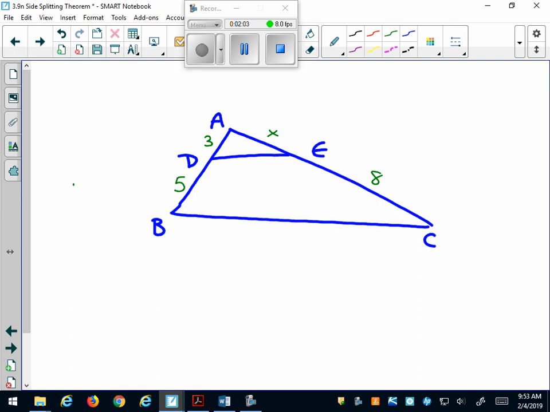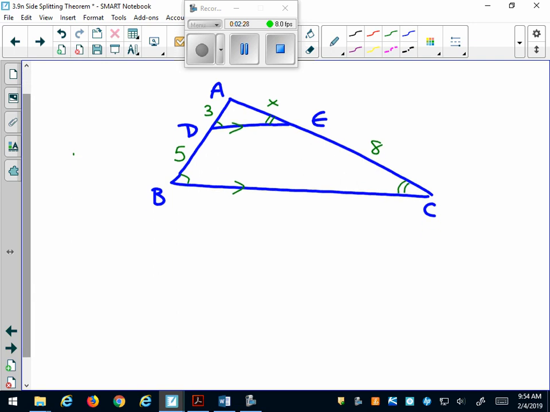Well, I would have to be told that these are parallel. Since these are parallel, we know this and this are corresponding angles, this and this are corresponding angles. Therefore, these two triangles, large and small, are similar to each other. So we can set up a proportion using the sides of the triangles.